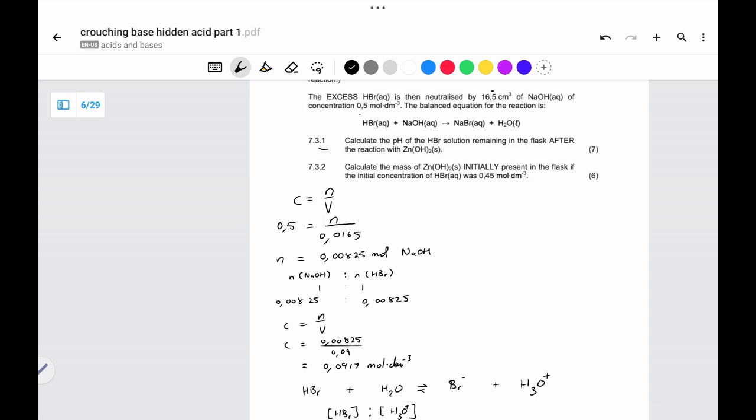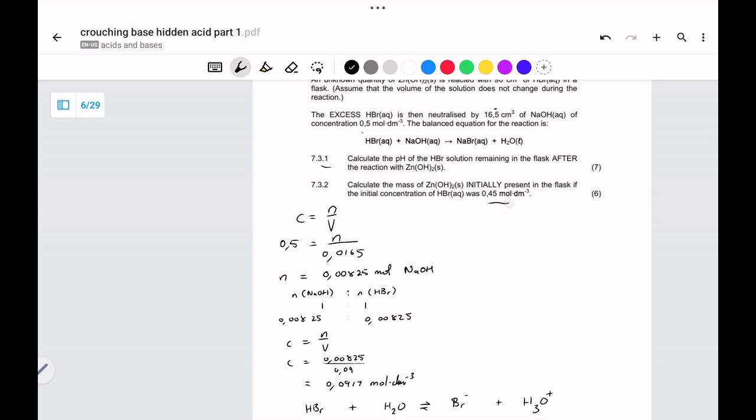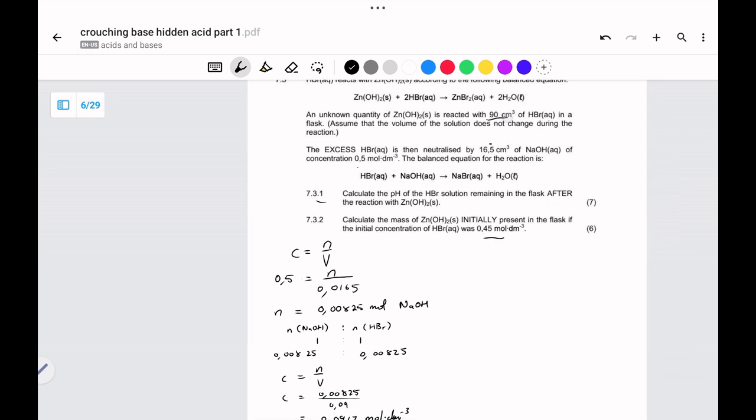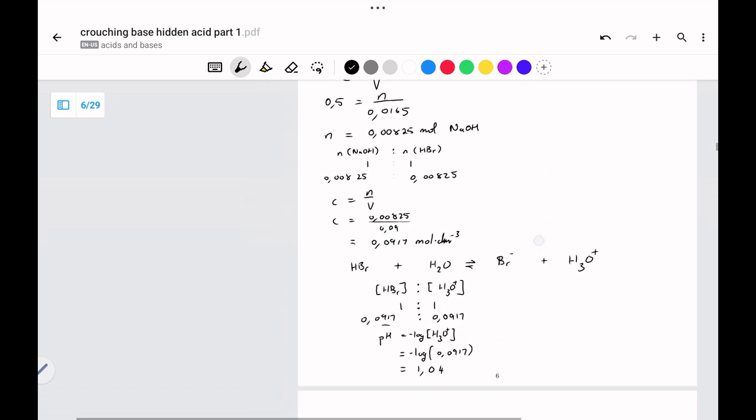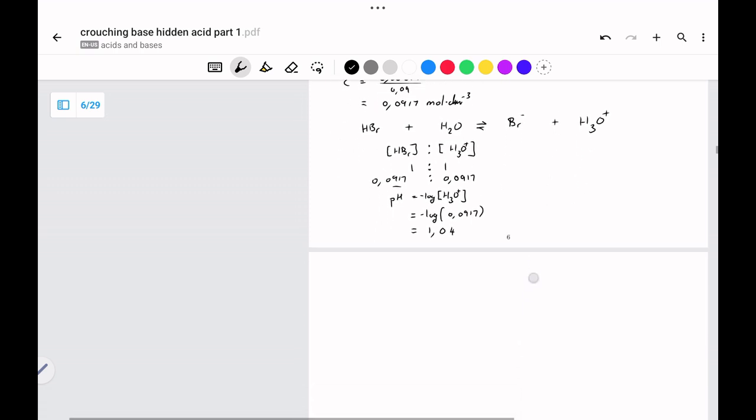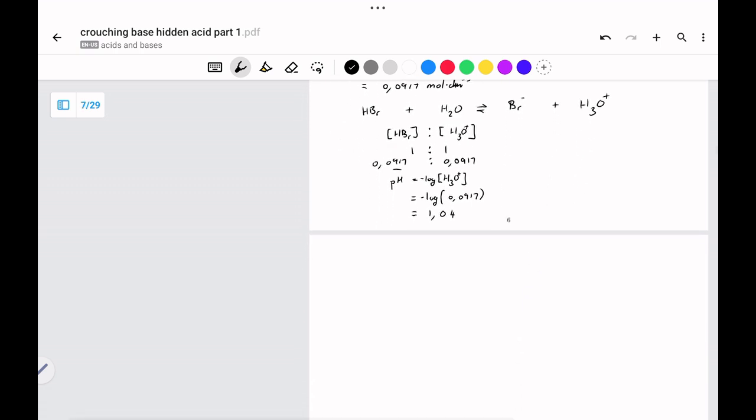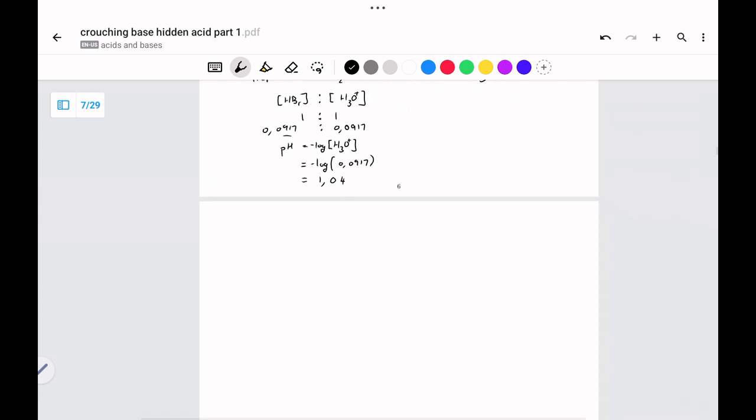And now we're given an initial concentration, and we still have the volume of HBr initially, I mean, it never changed. It was always 90. In the initial state and in the final state, it was 90 cubic centimeters. So we have an initial state, and we had our final state, and now we're also given the initial state. So I will write out the reaction.